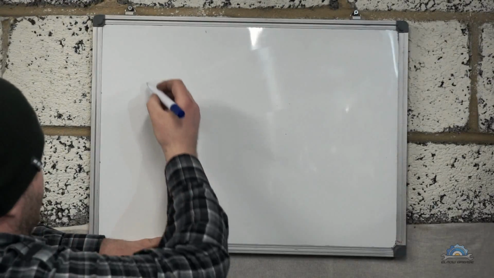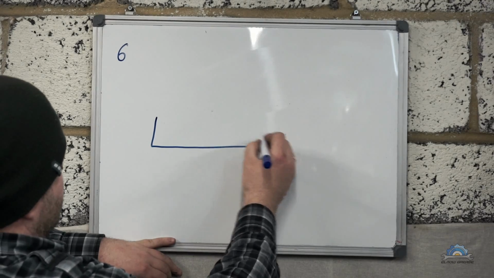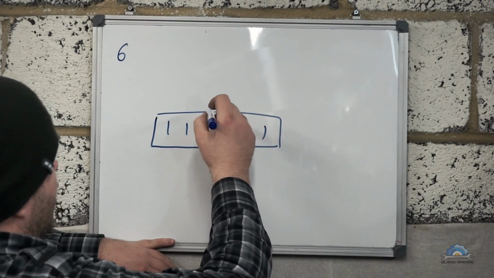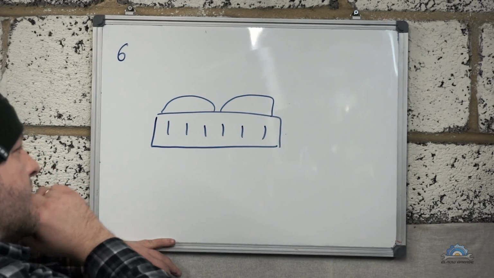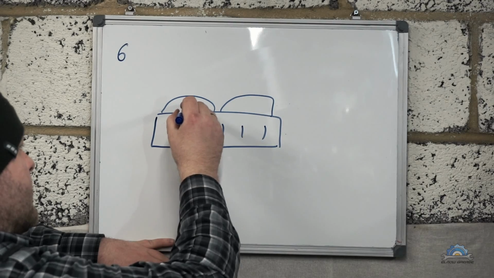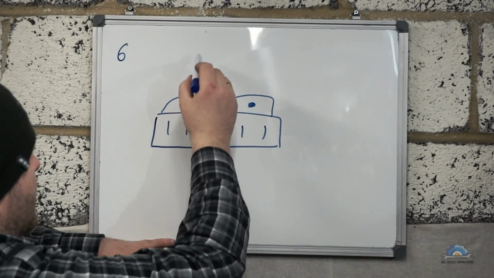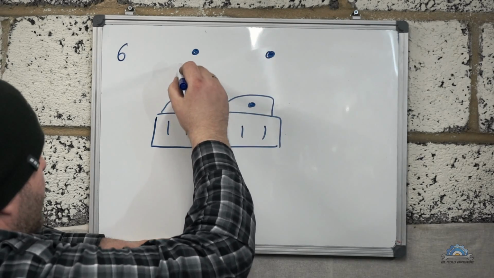Let's say we have a 6-cylinder engine, straight 6, 1, 2, 3, 4, 5, 6, but they are divided into 2 banks, 2 exhaust banks. What that means is there's one pre-cat O2 sensor and one post-cat on each bank.